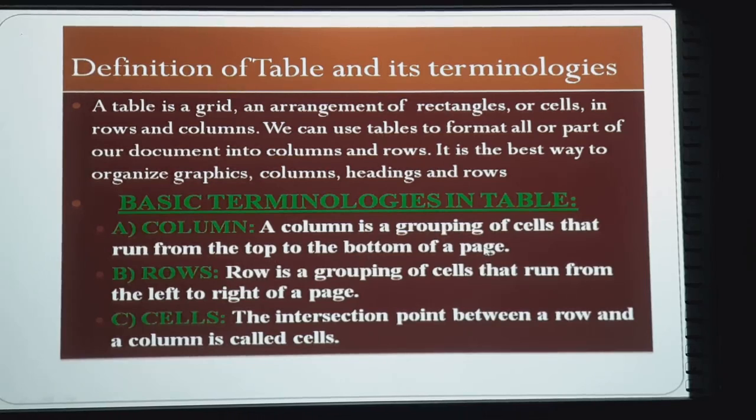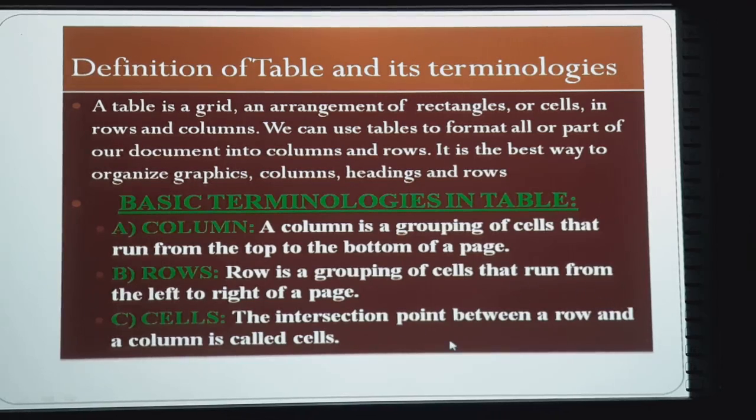Whenever the arrangement is there, that is a grouping of cells from top to bottom, that is called a column. So an arrangement of cells that run from top to bottom of a page is called a column.